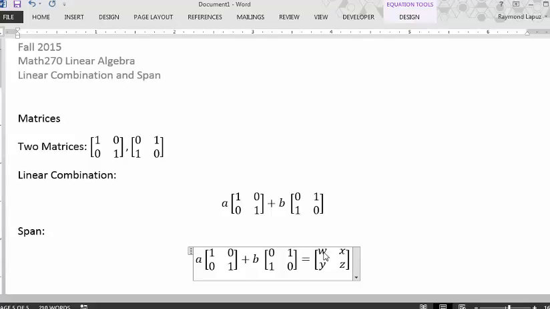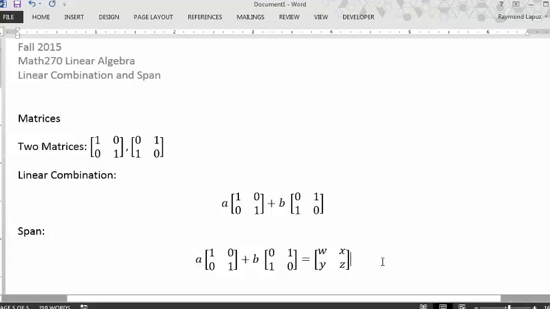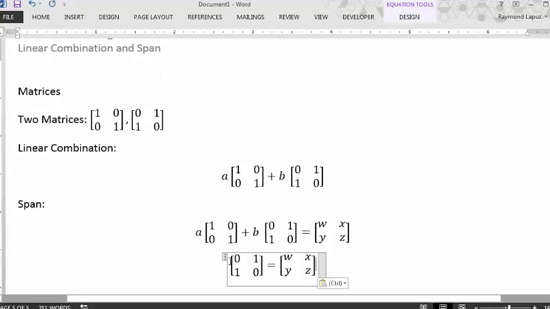To dig a little bit deeper, what we can do is add these two things, A times that first matrix and B times that second matrix, and then try to express that with A and B.